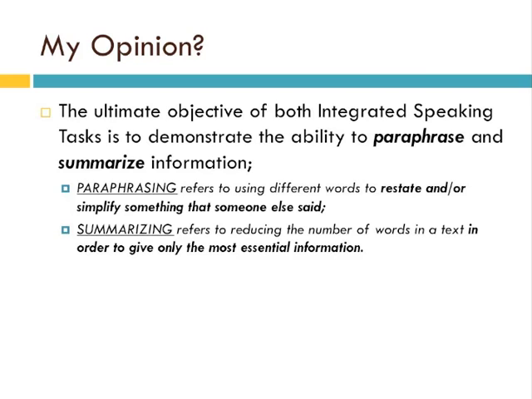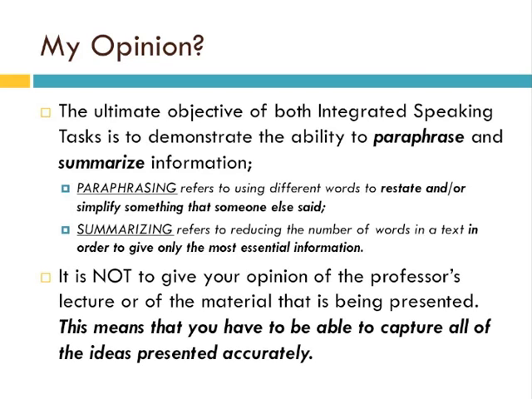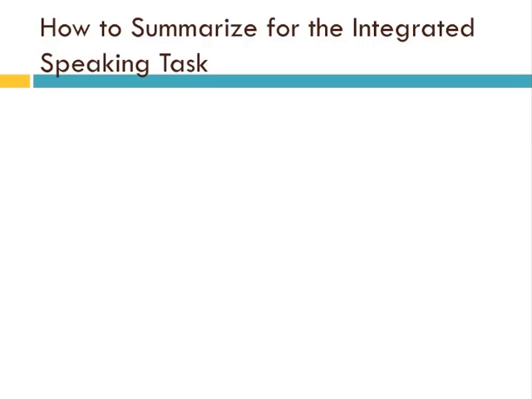And summarizing is when you're trying to get to the most essential information, but usually in fewer words. So recall, in this case, it is not to give your opinion of the professor's lecture. The idea here is that you're trying to capture all of the ideas presented accurately. And I find sometimes that students forget that. They often want to give their opinion of what the professor is saying, and that's not the point. The point here is you want to be able to summarize what the professor is saying.